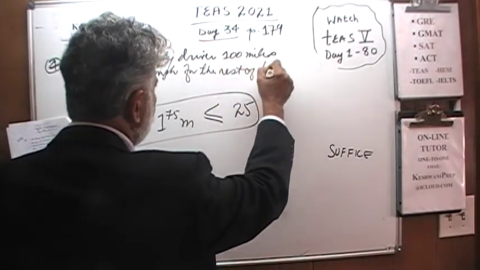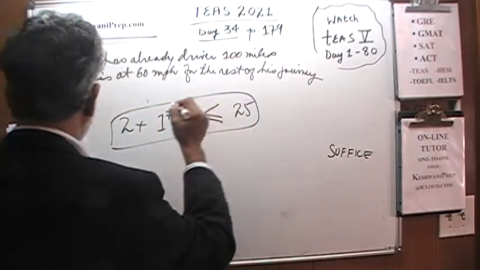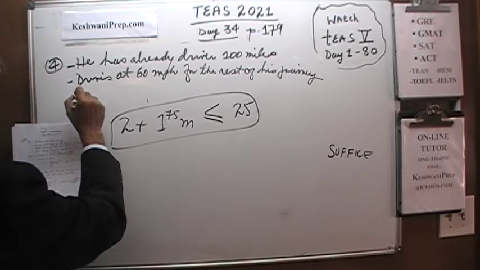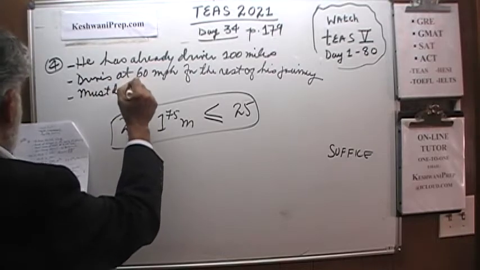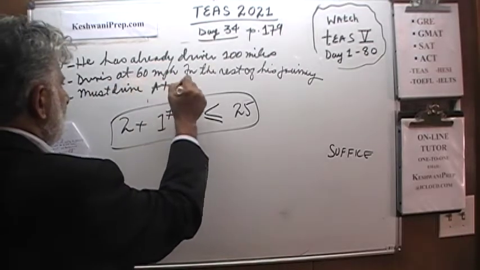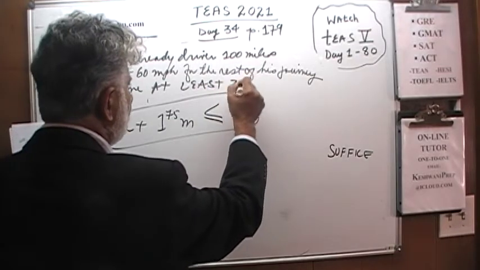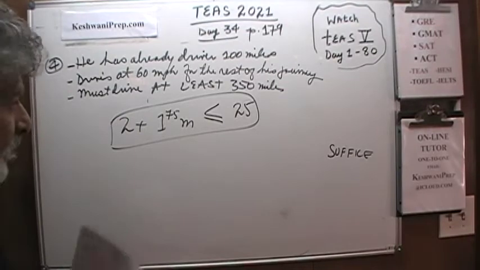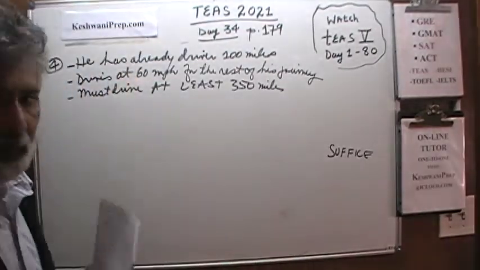We are told that he must drive at least 350 miles. Again, at least, that tells us that one more time we're dealing with inequality.